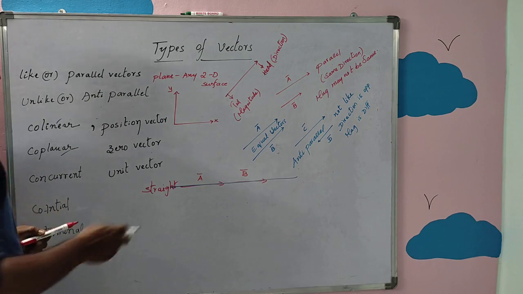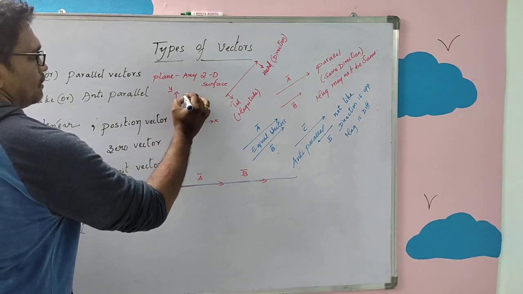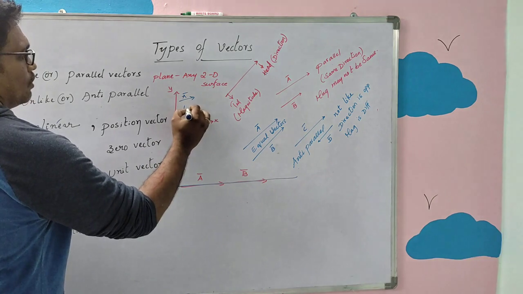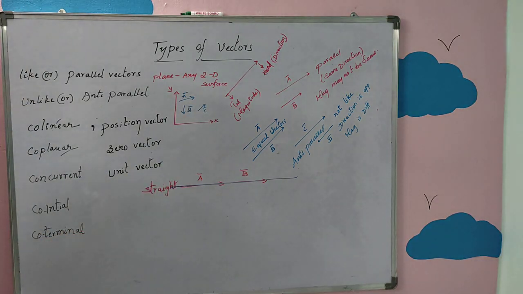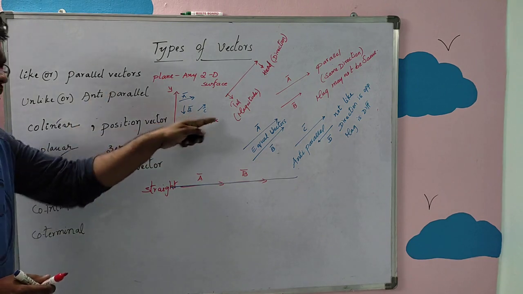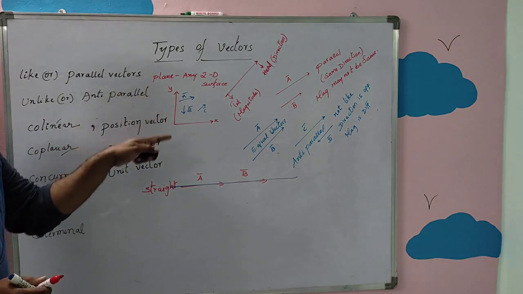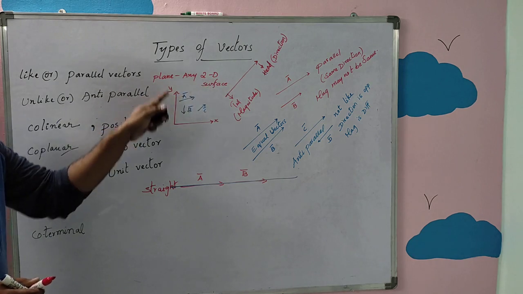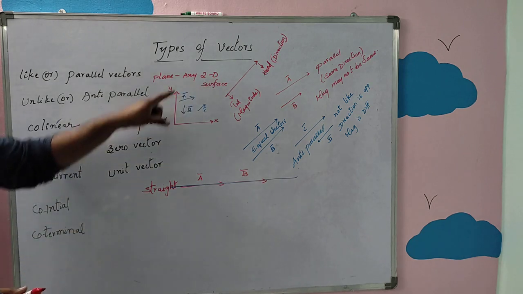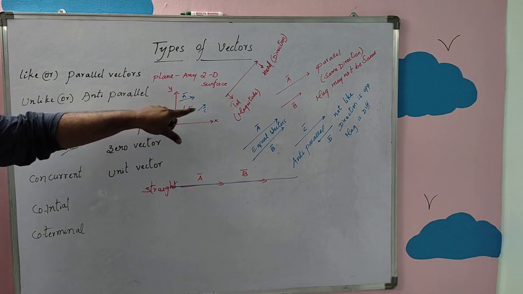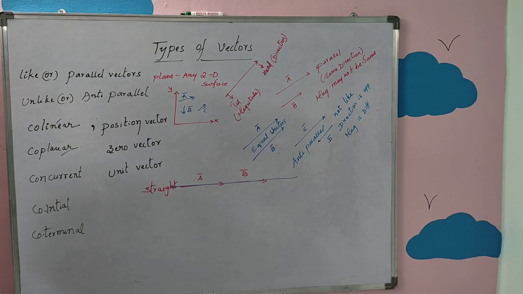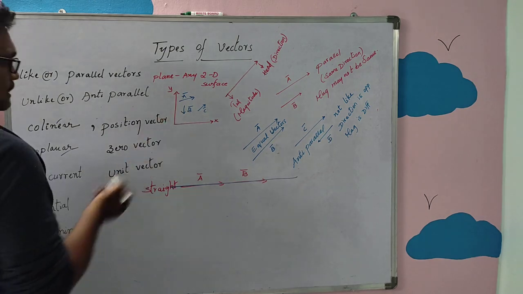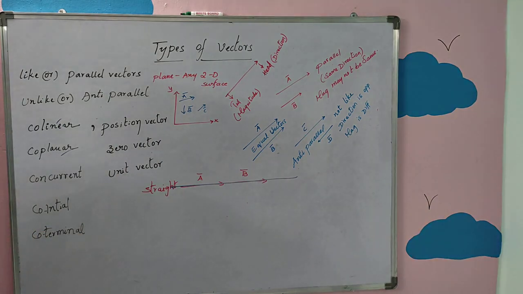If any number of vectors, say this is vector A, this is vector B, this is vector C, are present in the same plane, they can be called coplanar vectors. Plane means any two-dimensional surface or any two-axis system. So A, B, C are said to be coplanar vectors.